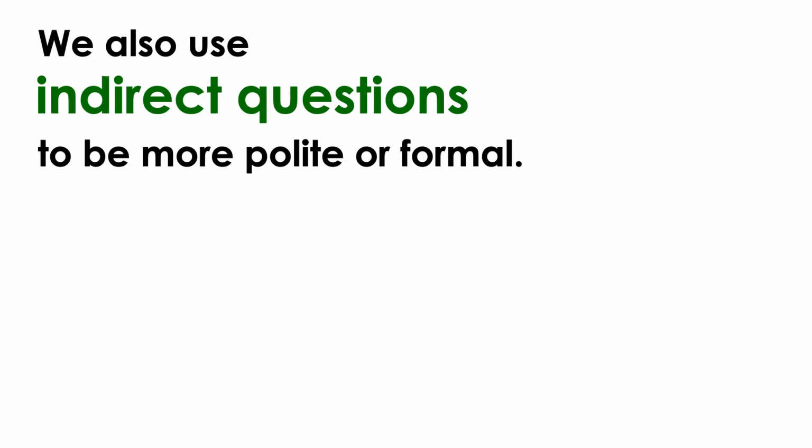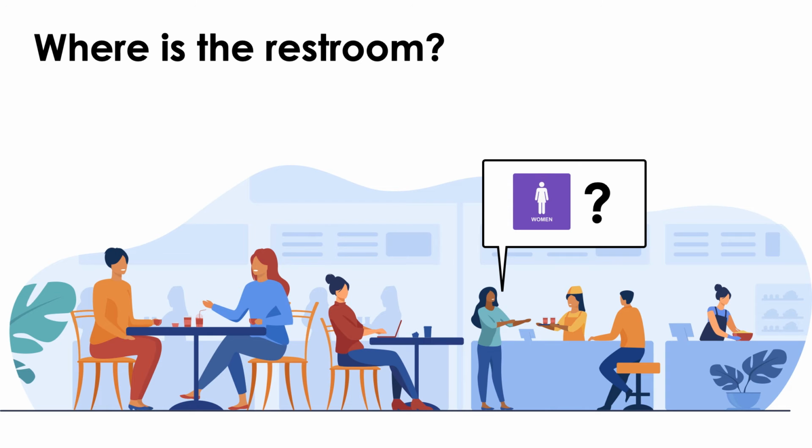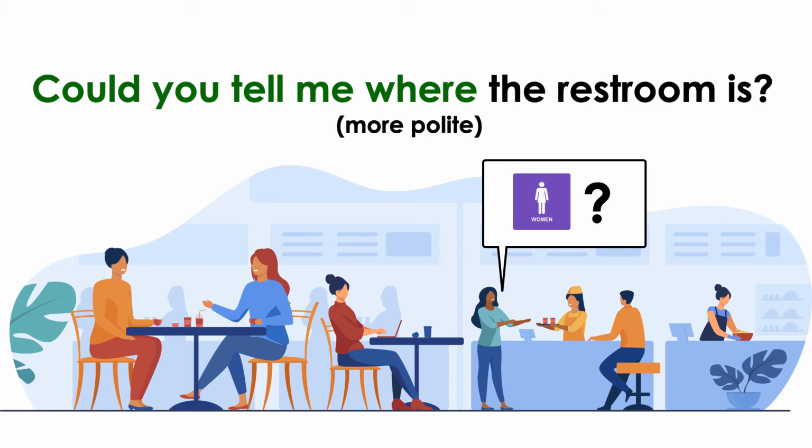We also use indirect questions to be more polite or formal. And we can use "Could you tell me" plus a WH question word. Let's go back to this example. Instead of saying, "Where is the restroom?" to be more polite, this woman could ask, "Could you tell me where the restroom is?"